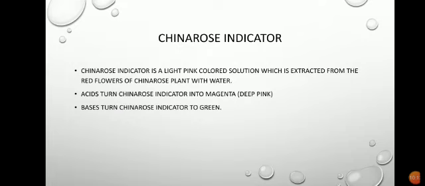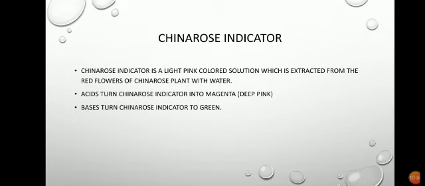Now this China rose indicator can be used for testing acids and bases. What color does it change? As I already said, the natural color of this indicator is light pink. If you put acid in a China rose indicator, it is always in the form of a liquid, no paper strip is there.